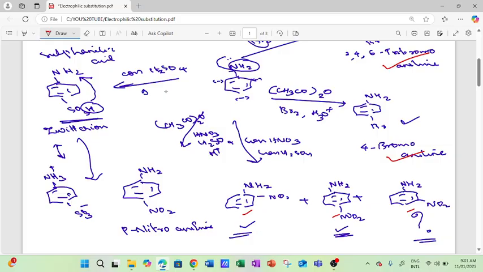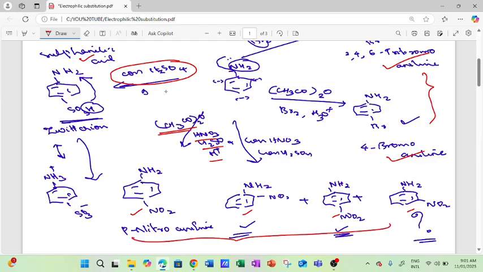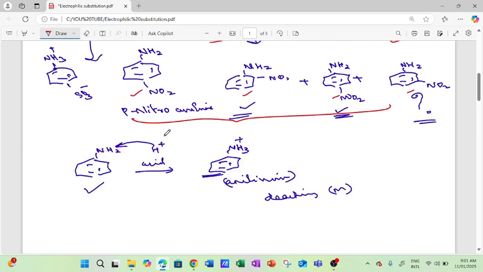But that question will come only like this: how do we convert aniline to para-nitroaniline? Then you have to do acylation and then only nitration and then acid hydrolysis. Then aniline to sulfanilic acid by sulfonation. So these two are bromination, these two are nitration, and the last one is sulfonation. So these are the important reactions.